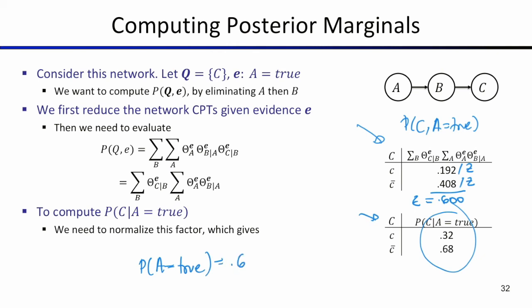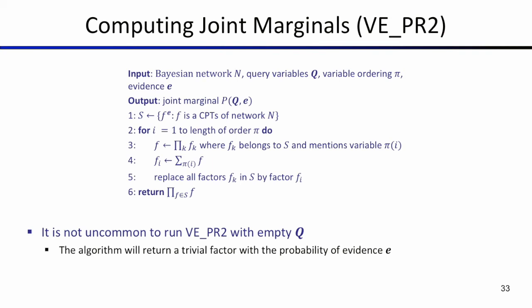That's good. Okay, so this is our final slide for computing those posterior marginals, and the algorithm is very similar to what we had before. We called the first algorithm VE-PR1. This is the VE-PR2. It's the same thing. Basically, what we are doing is to set the evidence in the factors first and computing the variable elimination algorithm.